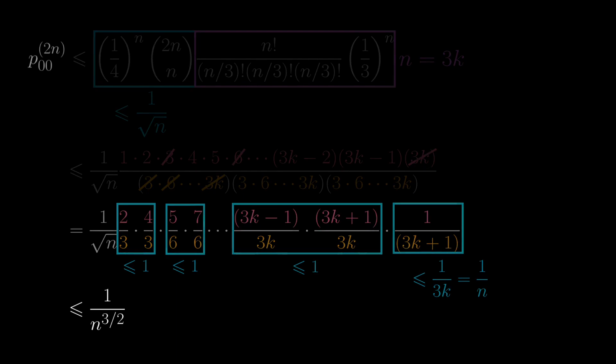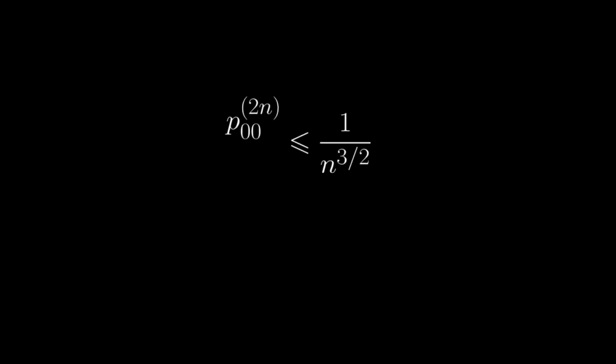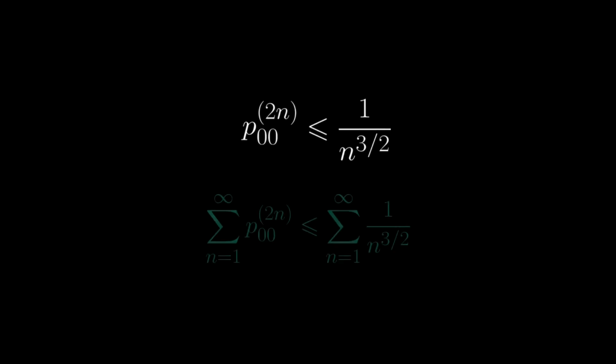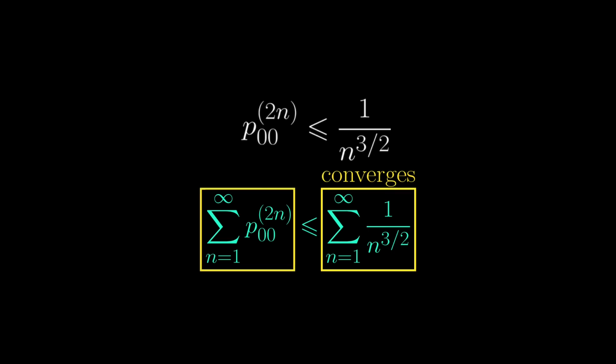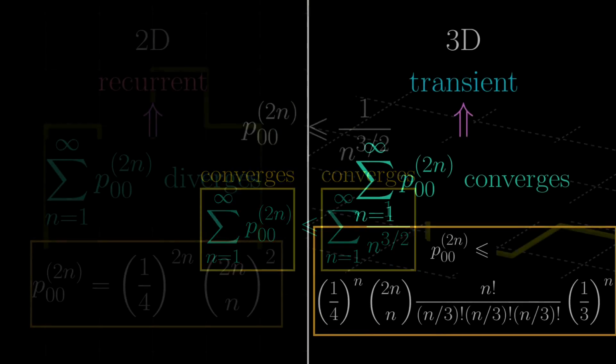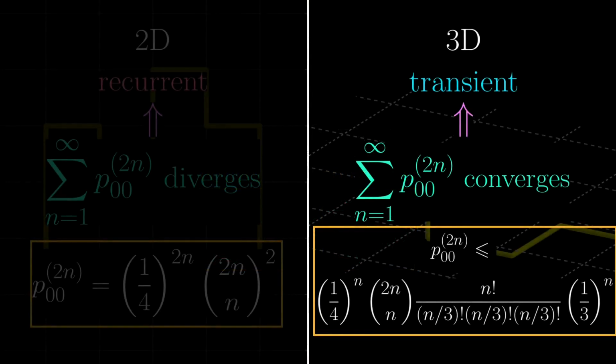Ultimately, we are looking for whether this series converges, and we have shown that the return probability series is less than this 1 over n to the 3/2 series. We know that this series converges, and because this is a smaller series, it has to converge as well. So we have finally proved that this series converges in the case of 3D.